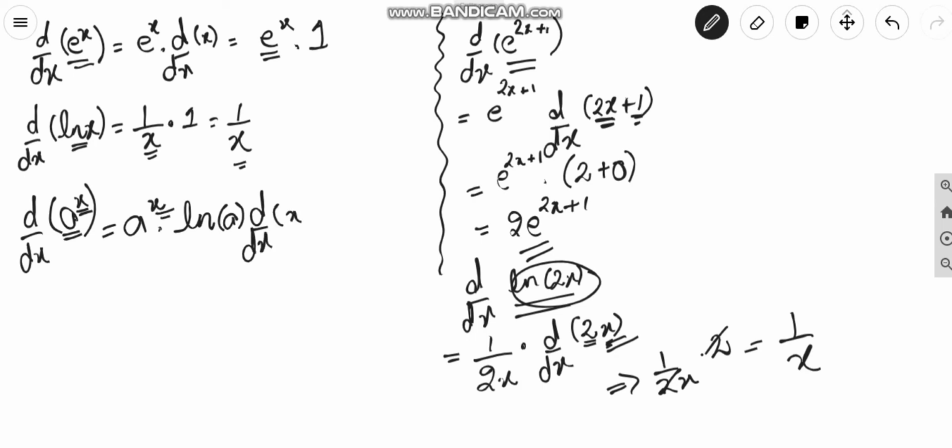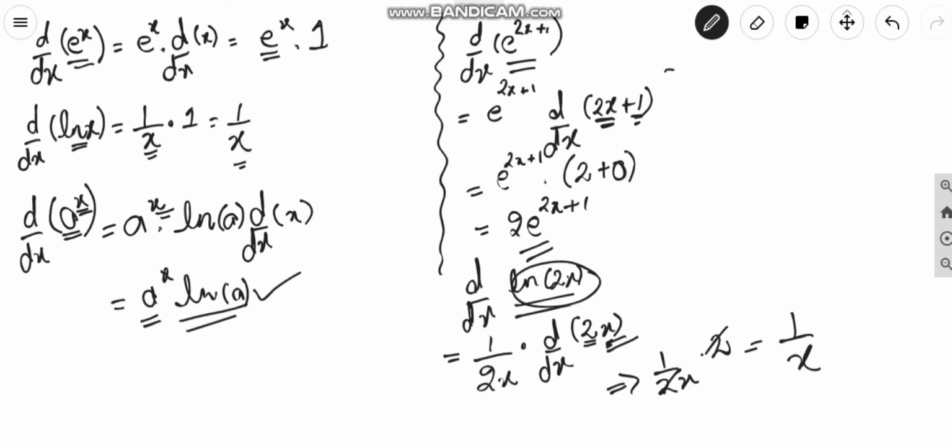In this case the power is x, so the derivative of x with respect to x is 1. So our formula becomes: the function will remain as it is and we will take the natural logarithm of the constant.